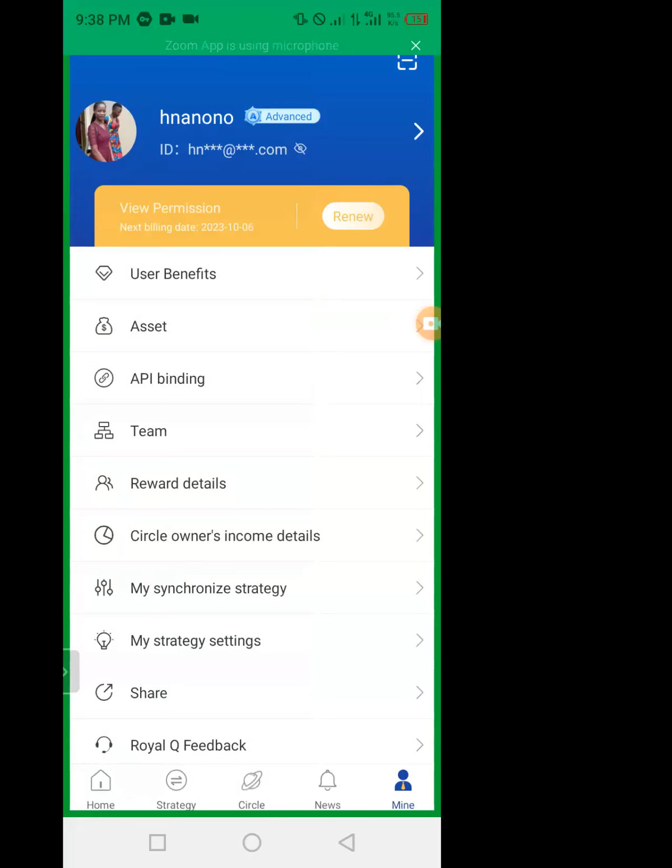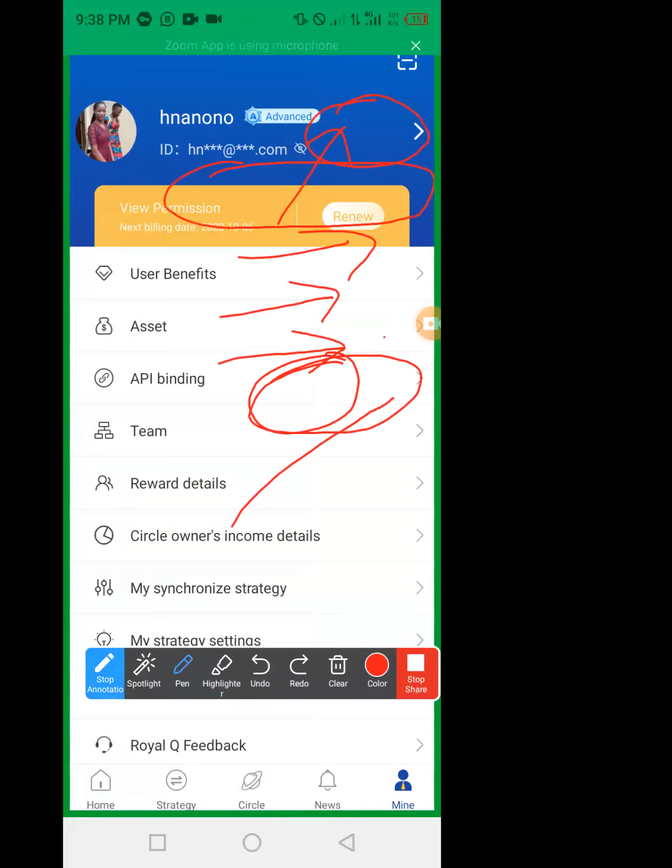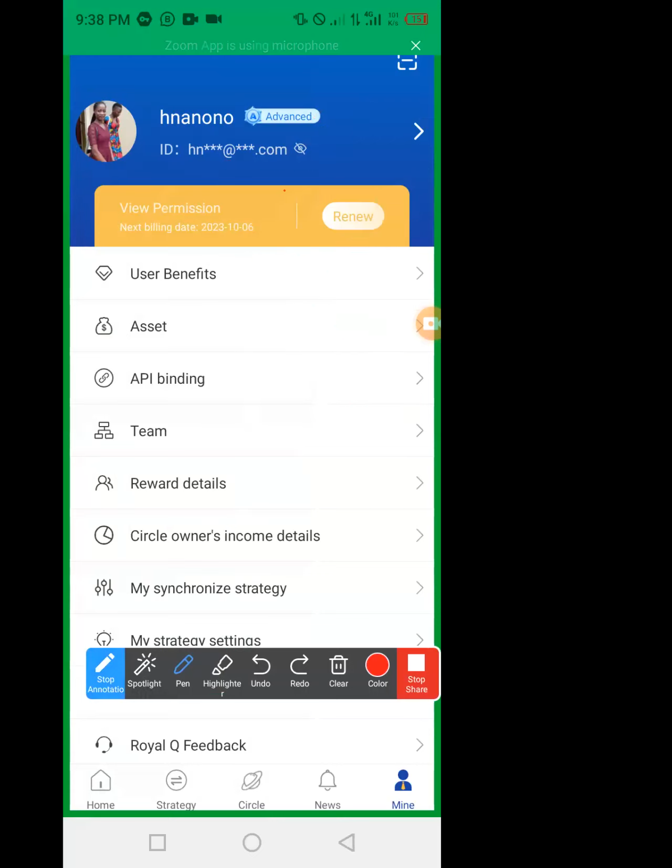Another thing, this one in the yellow part here, is always showing you the next time you are supposed to pay to renew your account. My next payment is due on 6th of October 2023. That's when I will renew for my second year.